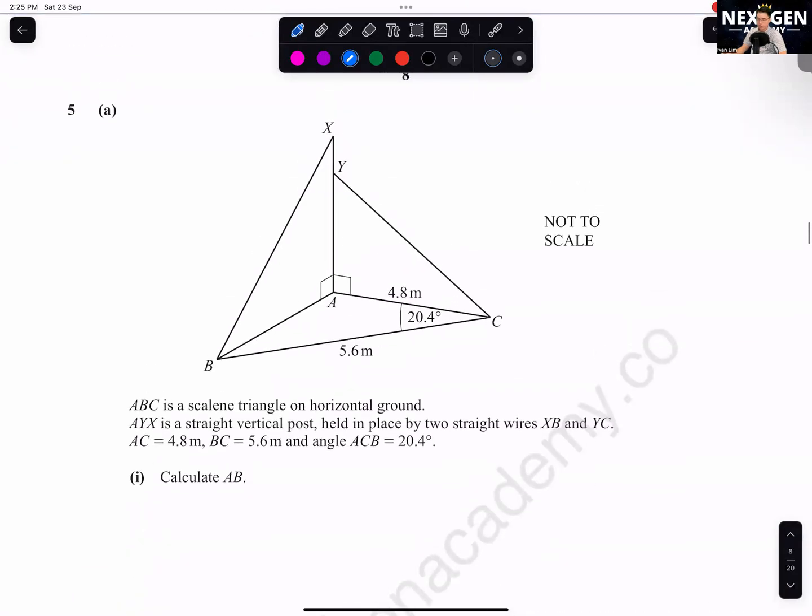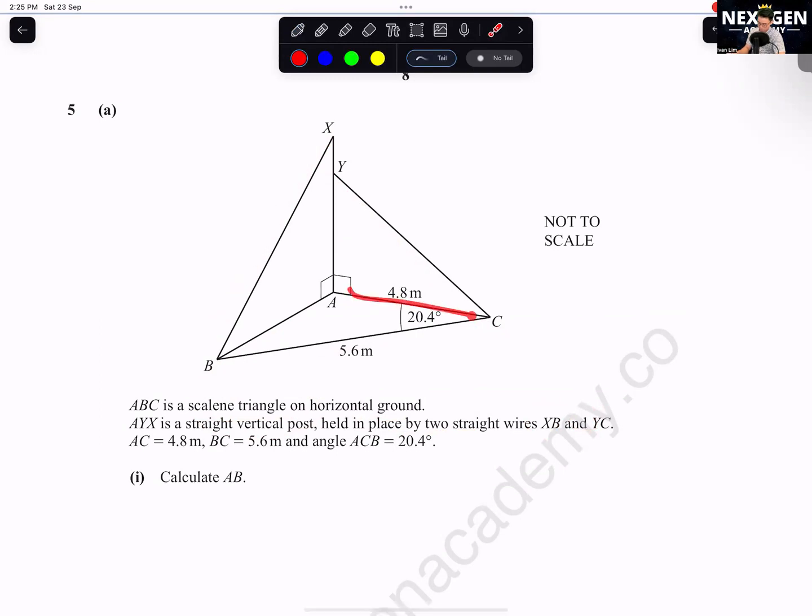Question 5. ABC is a scalene triangle. Okay, what's a scalene triangle? That means all different sides, on horizontal ground. AYX is a straight vertical post held in by 2 straight wires XB and YC.